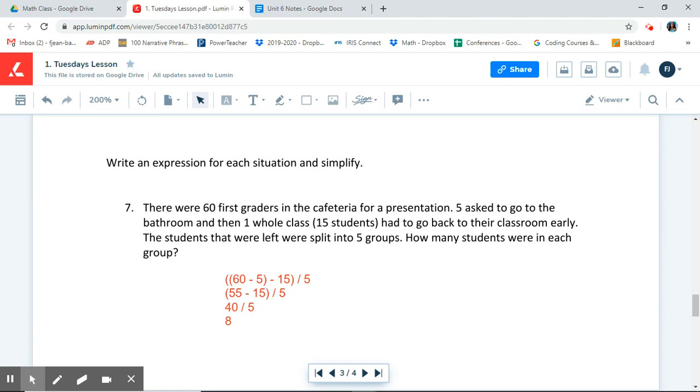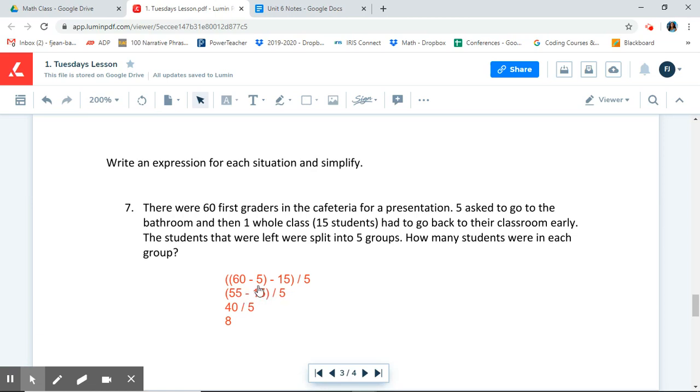Once we've solved for that, then we're ready to divide by 5 to show that the students that were left were split into those groups. Then we're going to figure out how many students were left in each group.